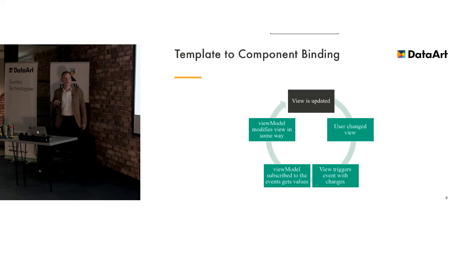Afterwards, the view triggers an event with changes, like, okay, the user changed something, and our view model, which is subscribed to it, gets the values which the user typed, calculates something, for example some dependent values, and afterwards the view model modifies the view in some way.